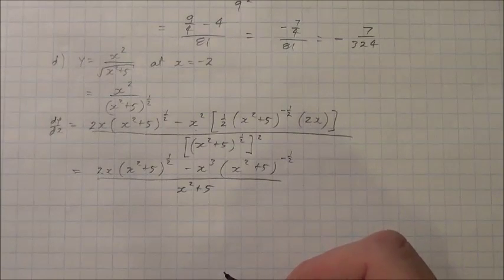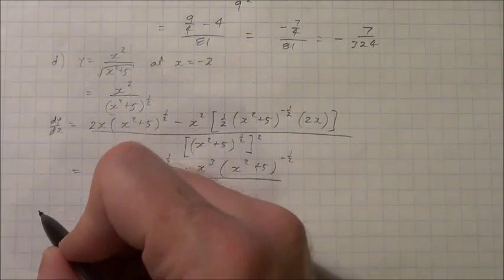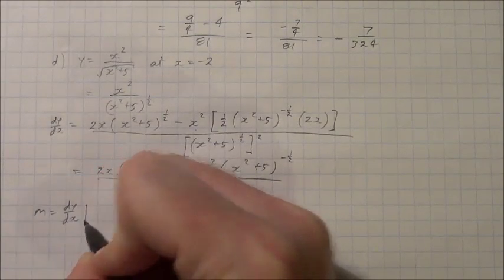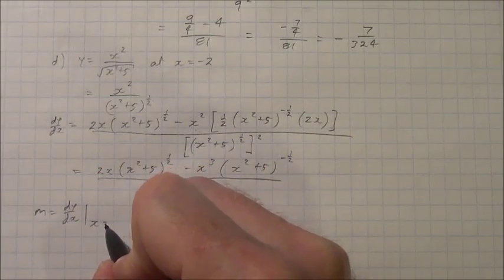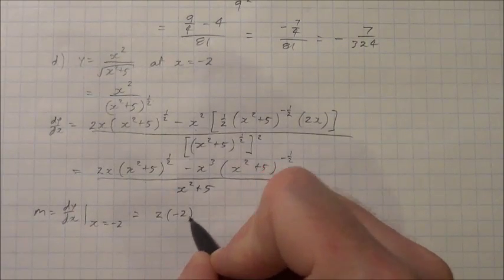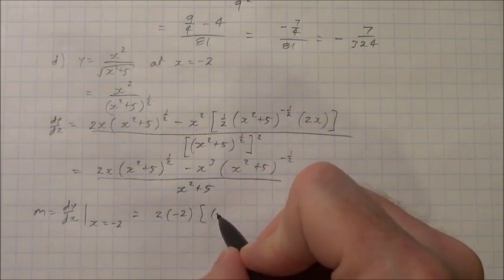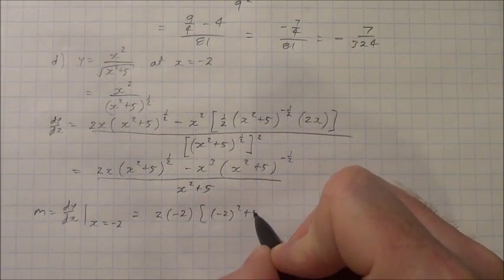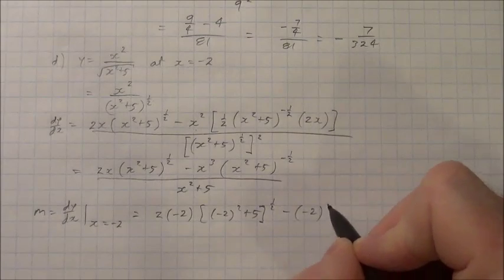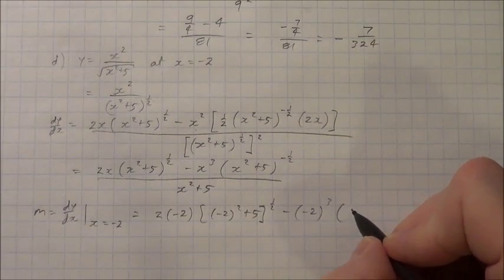Now I will evaluate this to find the gradient. Evaluate that derivative at x equals negative 2. So substitute negative 2 where appropriate. And do some calculating here.